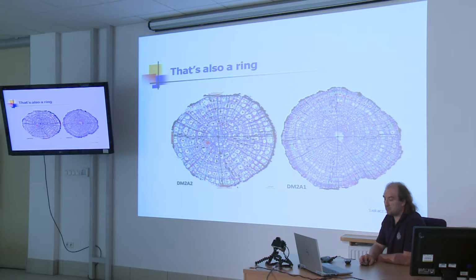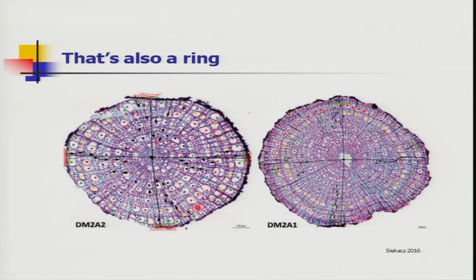And you can see here, indicated with dots of different colors, structures that are connected with consecutive vegetation periods. We call them also tree rings or annual rings, but we bear in mind that these structures were developed in a very short period.